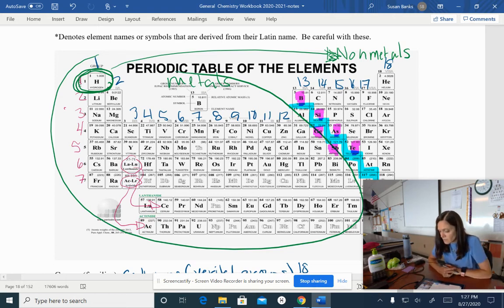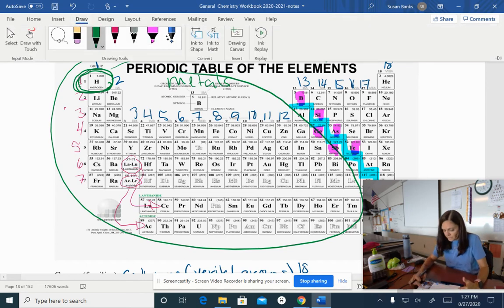Those are the metalloids. Notice they go right down that staircase. They're right along that line between the metals and the nonmetals. So it would make sense that they're kind of in between those two.